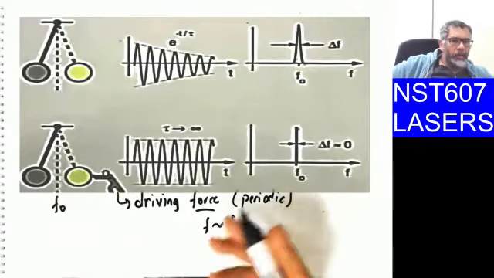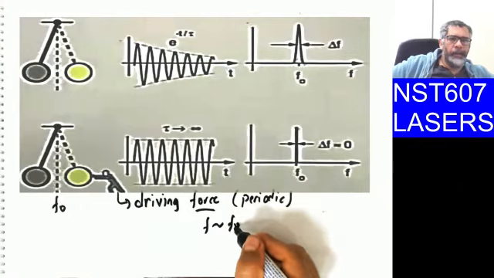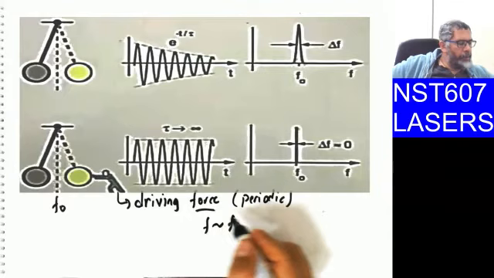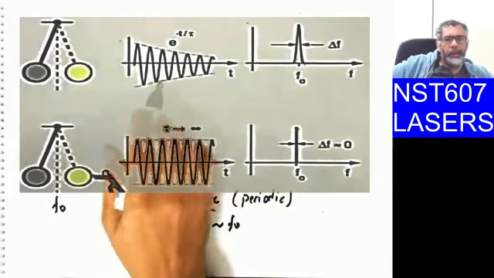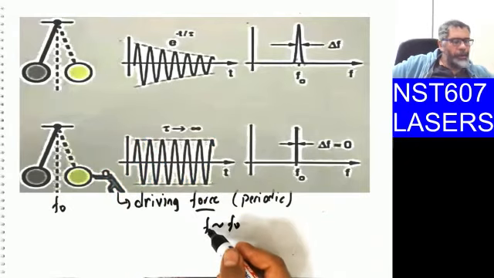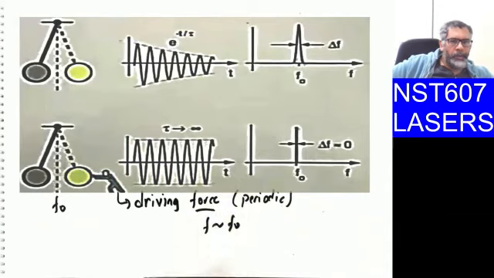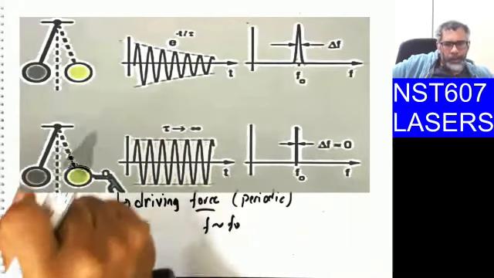Otherwise, if F is very different from F0, either very large or very small compared to F0, you will not get rid of this damping, even if the force amplitude is stronger and stronger.